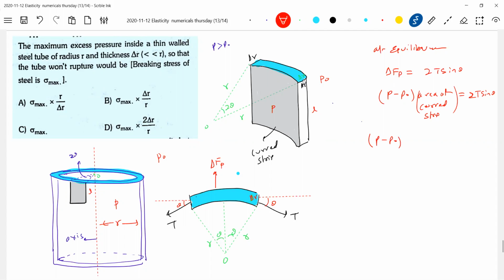P minus P naught. Anybody? Area of the curved strip? What is this length? R 2 theta. This length is R 2 theta. The length of the arc into L. Theta is very small; usually I'll take a very small elemental strip.